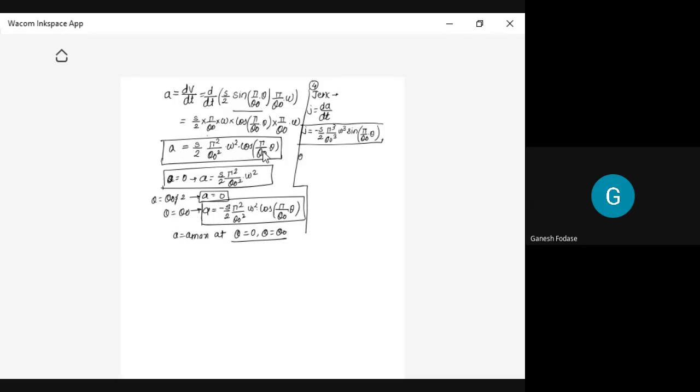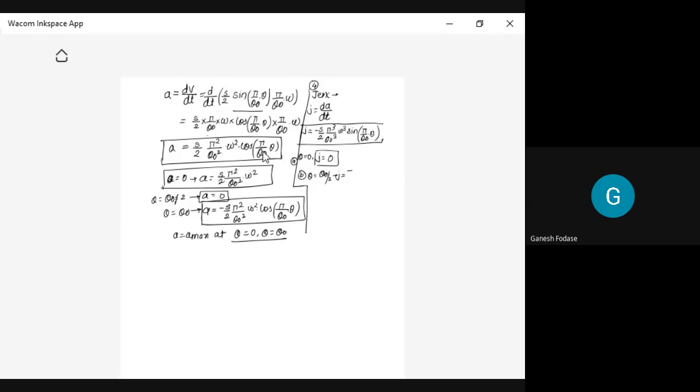Hence find out at theta is equal to 0 again. At theta is equal to 0, what is the value of jerk? Sine 0 is 0. So at theta is equal to 0, jerk is 0. Then at theta is equal to theta O by 2, if I put theta O by 2 in the jerk equation, sine 90 is 1.